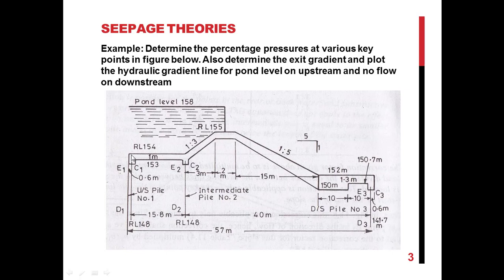The thickness of the floor on the upstream side is 1 meter, and on the downstream side it is 1.3 meters. The total width B of the structure is 57 meters, while the distance between sheet pile line 1 and 2 is 15.8 meters, and between sheet pile number 2 and 3 is 40 meters.